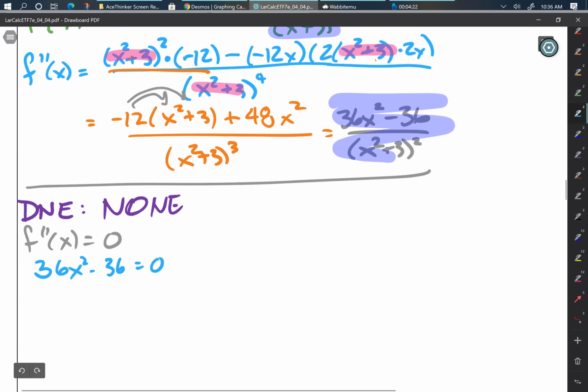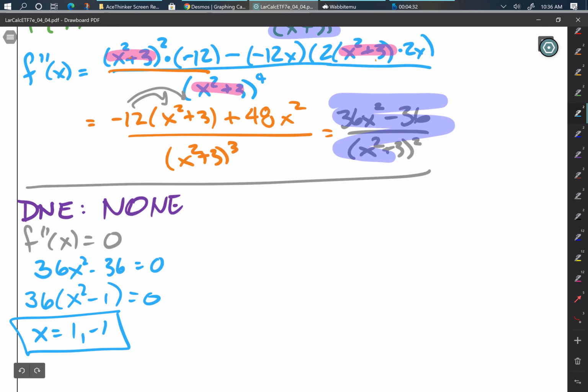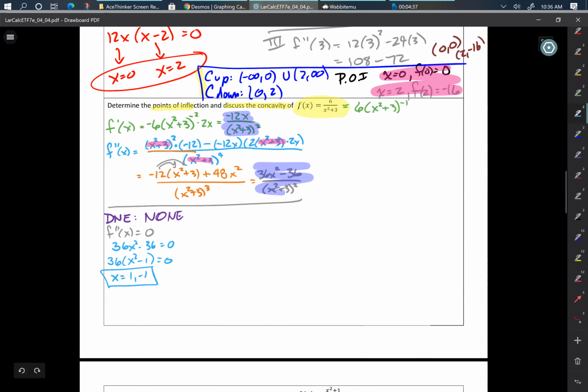I'll factor. That's going to give me 36 times x squared minus 1 is equal to 0. So that means that x could be 1 or negative 1. So I have two candidates for points of inflection. So now I'm going to draw that number line and test intervals and all that business.